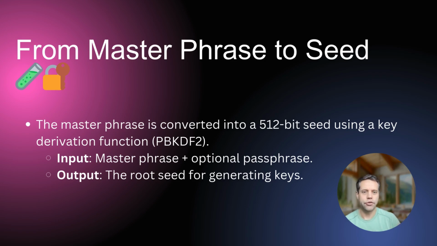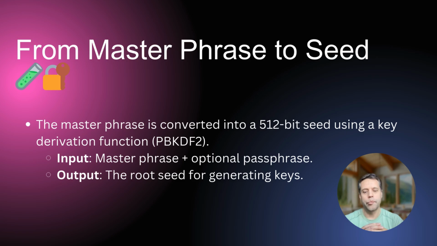So a passphrase, essentially another word or pin, and let's not call it pin because it's typically used in a different context. But let's say a passphrase that is then added to your master phrase to then generate that master private key. But again, you have to remember that passphrase.